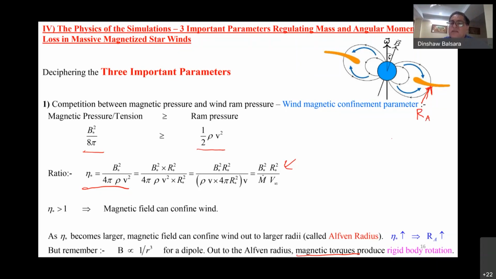We realize that as Eta Star increases, our Alfvén radius, Ra, also increases. That's the realization we have to keep in mind. Also keep in mind that up to the Alfvén radius, the wind material is magnetically locked by magnetic torsional forces to the rotation of the star.